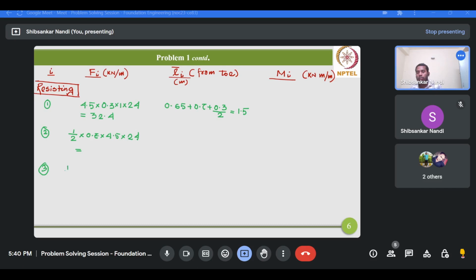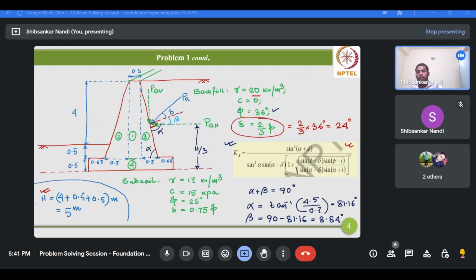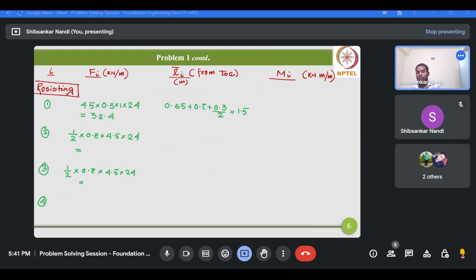The third component will be the same value, multiplied by 24. And finally the fourth component is again a rectangle, with dimensions 0.5 and 3: 0.5 multiplied by 3 multiplied by 24.